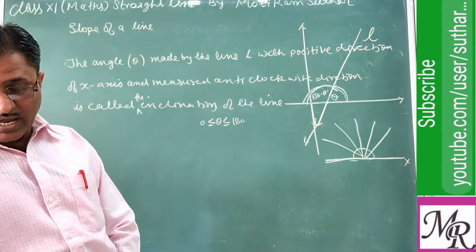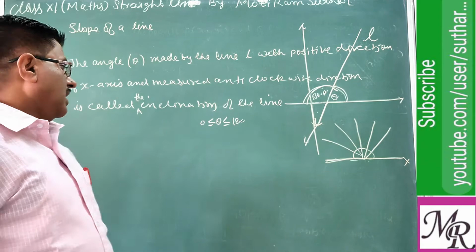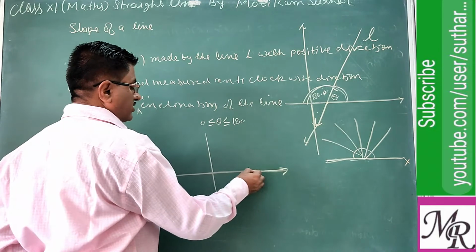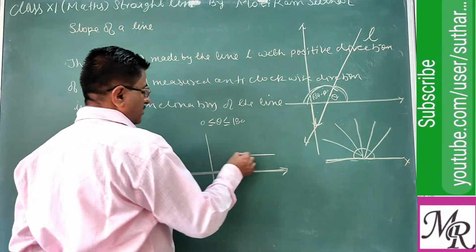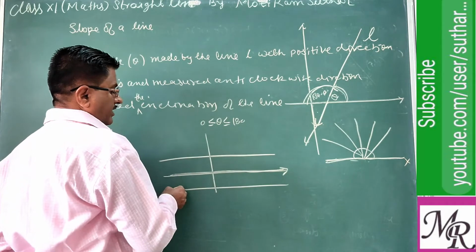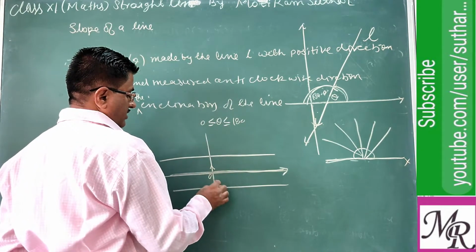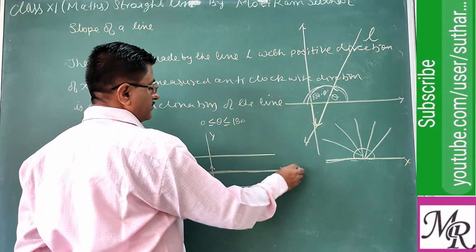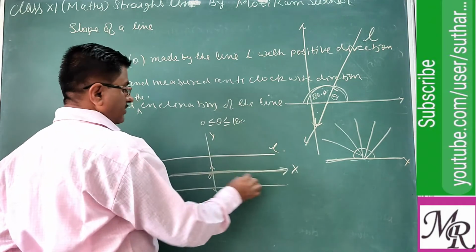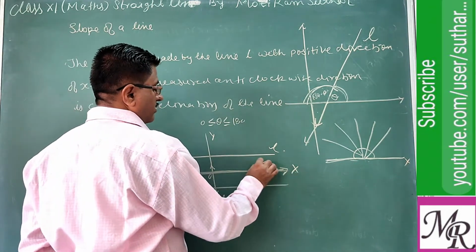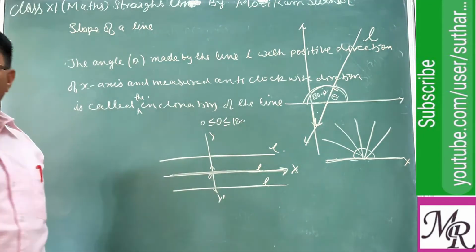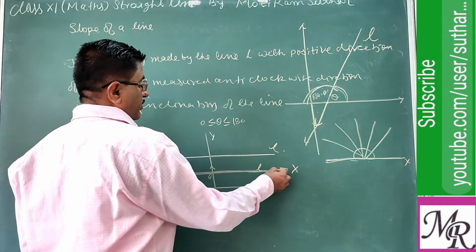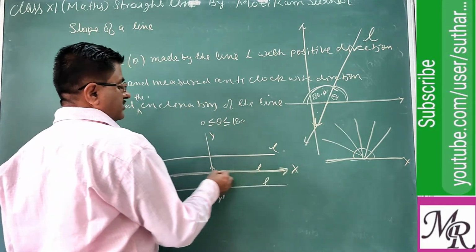So we observe a line that is parallel to the x-axis. Suppose any line is parallel to the x-axis, or coincides with it, either above the origin or below the origin. This is the position of the line. Whatever the position, here the inclination is 0, because the angle between parallel lines is 0.